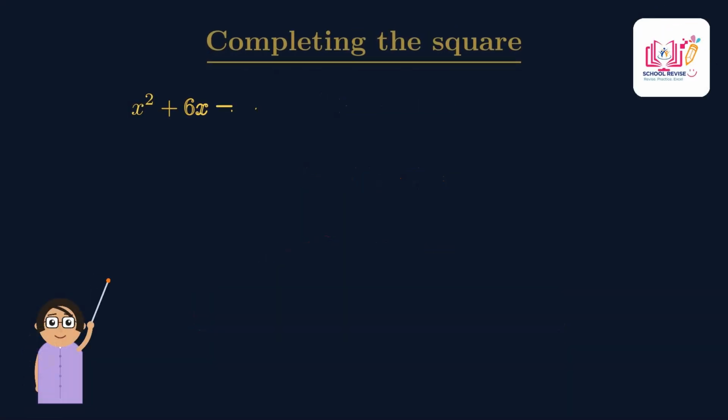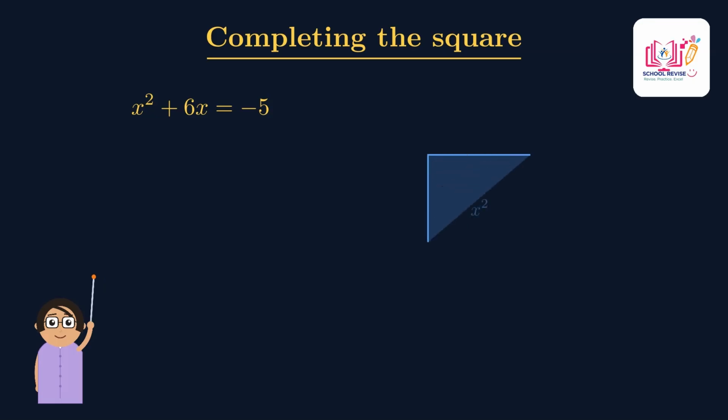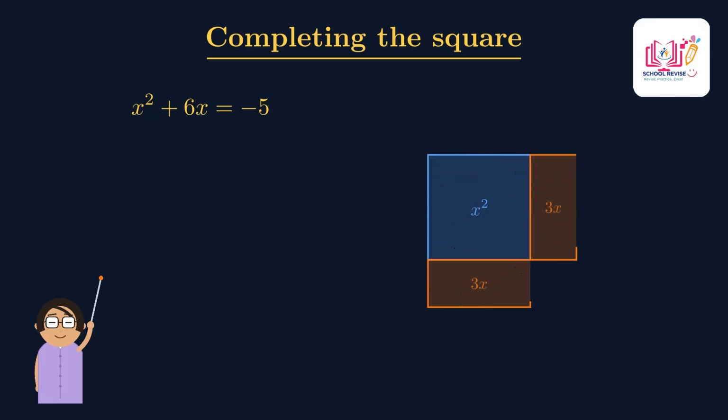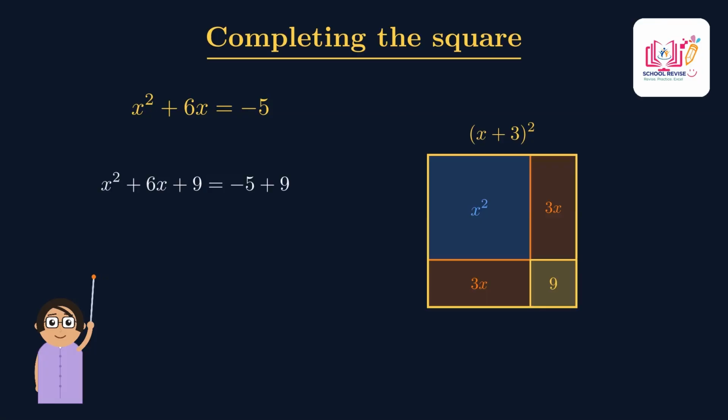There's a third way to solve a quadratic, and it's the prettiest because you can literally see it. Take x squared plus 6x plus 5 equals 0. Move the 5 across: x squared plus 6x equals minus 5. Now picture x squared as a square with side x. The 6x.